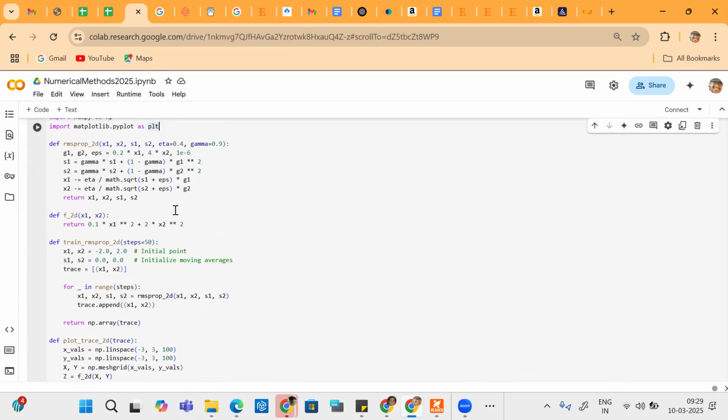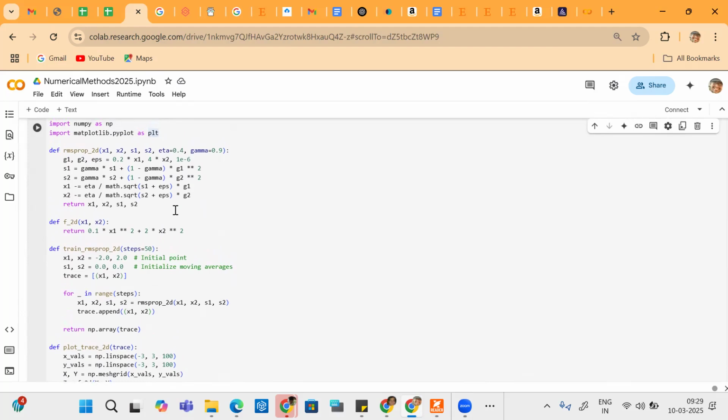So what we are doing here, you can see, we have taken two different gradients, G1 and G2. Why two different gradients here? Anyone?